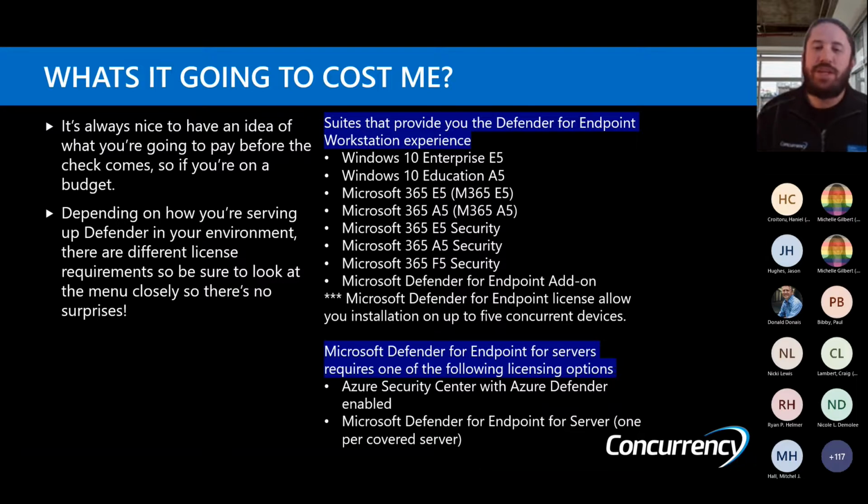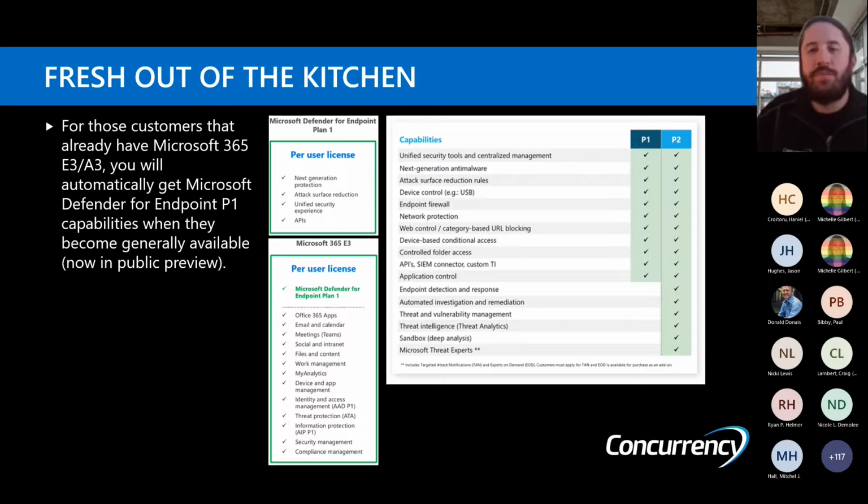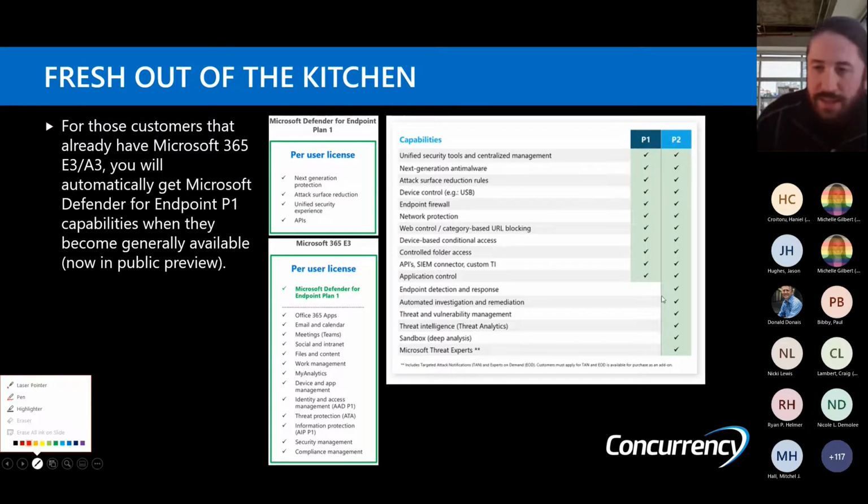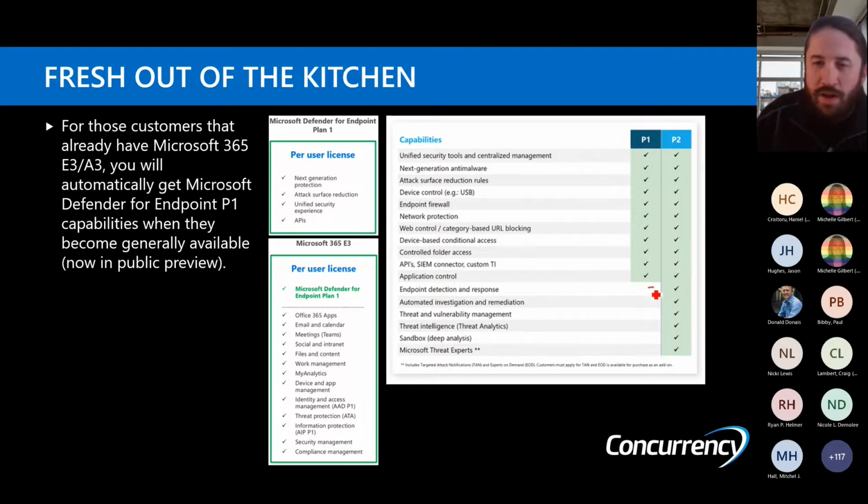And so Microsoft has done some changes here recently, which is really awesome, in terms of breaking it into the P1 and the P2 suite. The P1 suite now is actually included with your M365 E3 or A3 licensing. So being able to get a lot of those capabilities. Some of the items that you see here at the bottom, some of the EDR, automated detection and response, threat and vulnerability management, threat intelligence, the sandboxing and the threat experts, which is that extra cost feature, those are the items that you would need to step up to the P2 or get the E5.